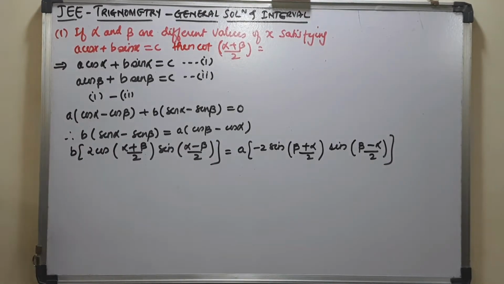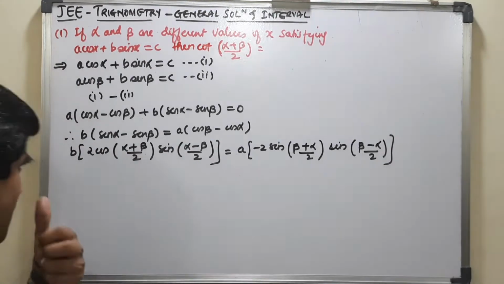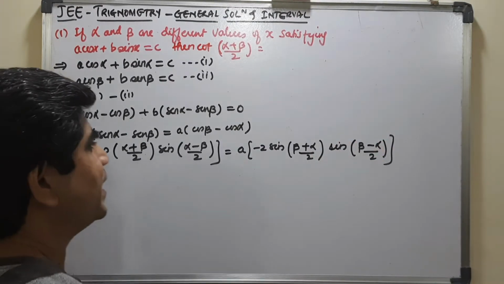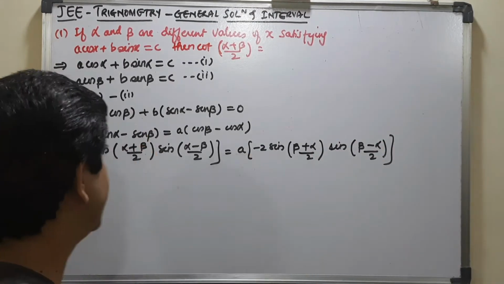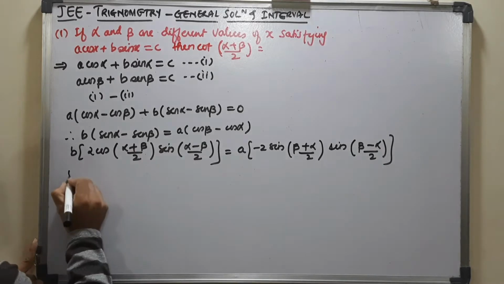So what I get here is, taking this, making it as alpha minus beta, this will become positive. So I get rid of this 2.